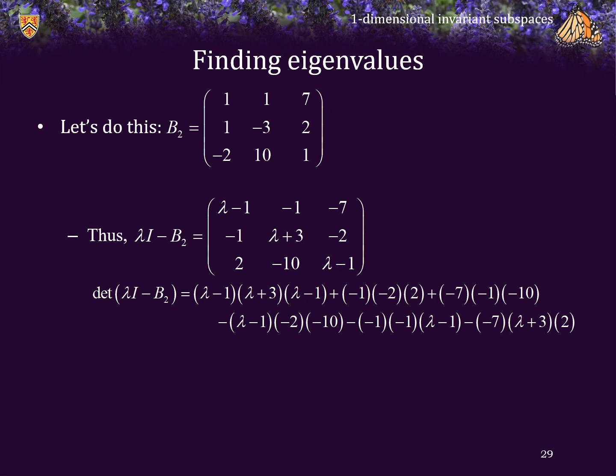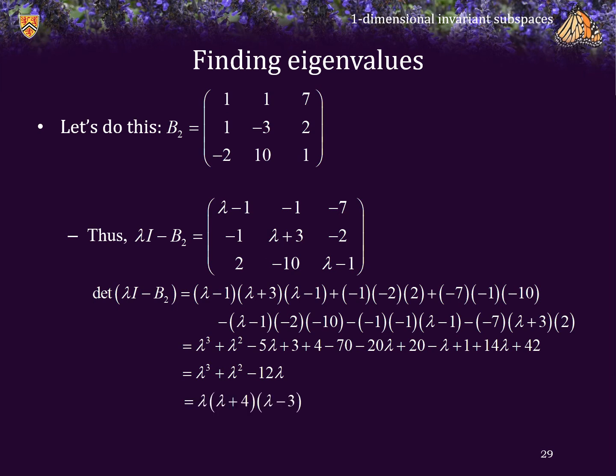However, we can expand and collect, and we just noticed that 0 is one of the roots of this particular polynomial, and so this is our factored expression, and therefore the roots are 0, 3, and negative 4.